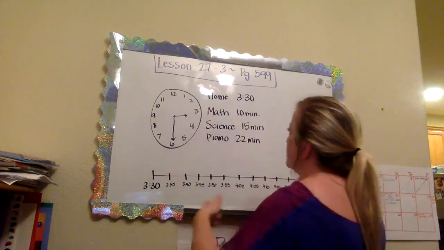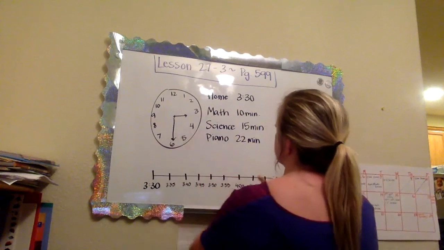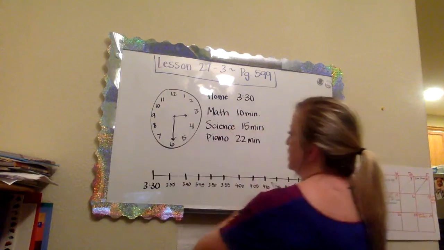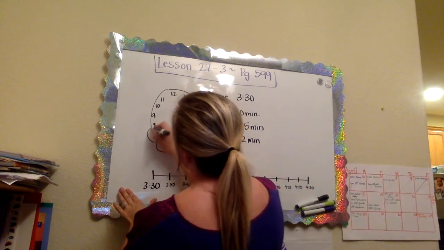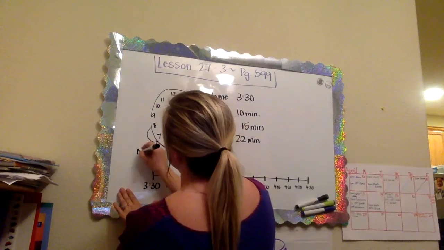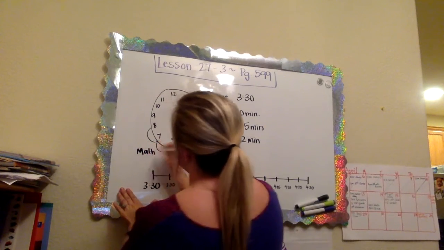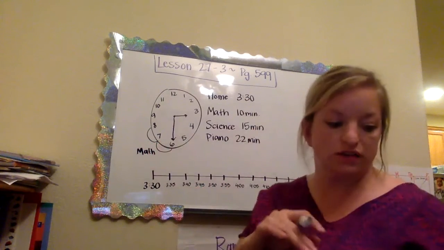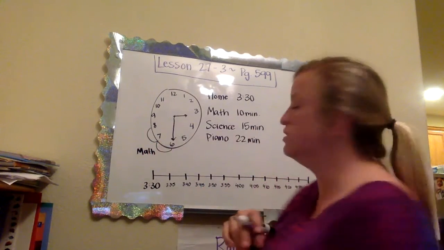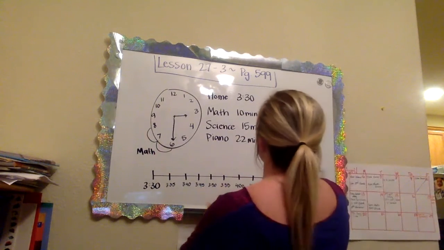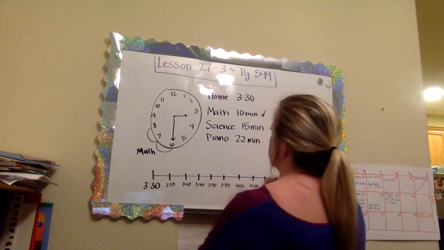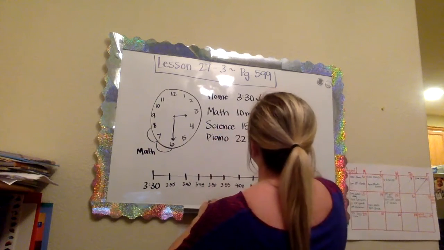If she starts at 3:30 and spends this much time on each of those subjects, when is she going to be done? So we have to start at 3:30, and math is 10 minutes. So each one of these is 5 minutes. There she is for math. You can feel free to draw this in that big blank space too, and follow along with me and pause as you go. So I'm going to cross that off because I did that and it tells my brain I did it.